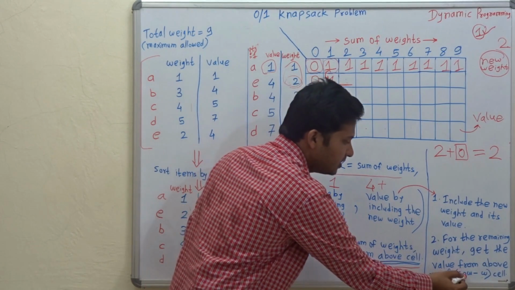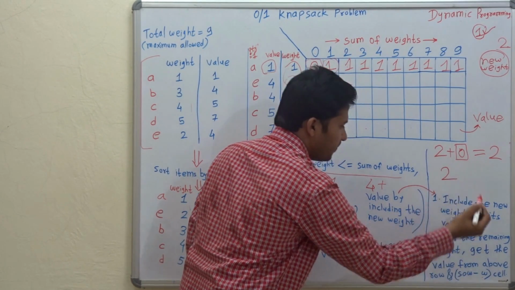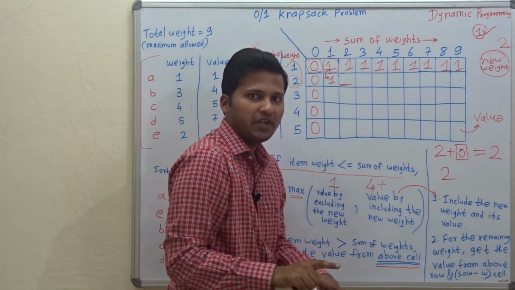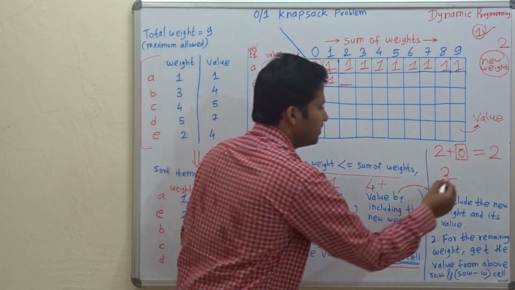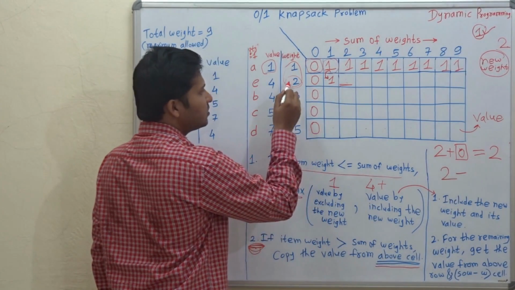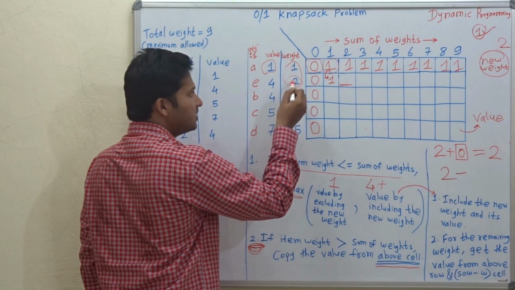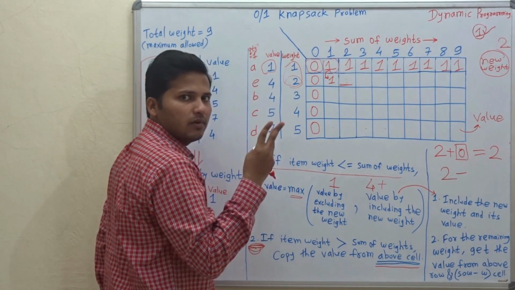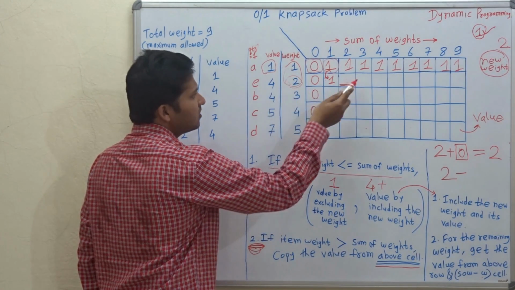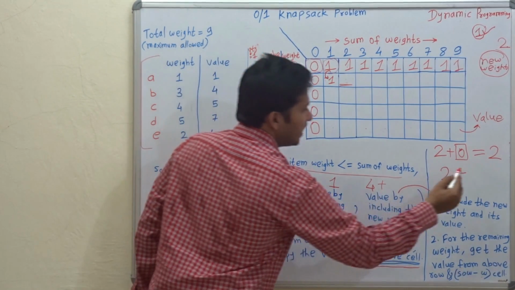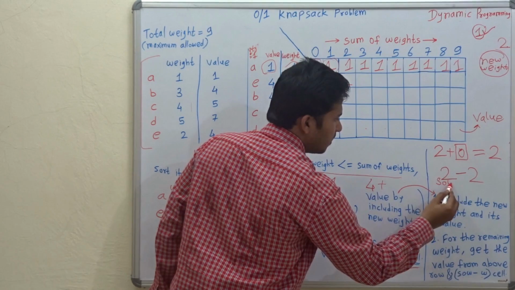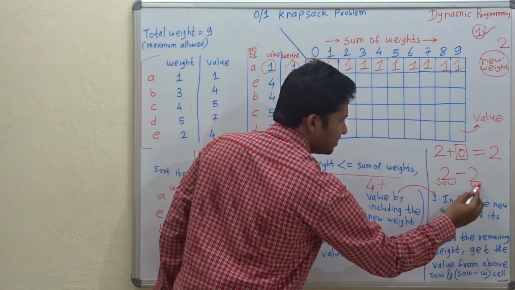So SOW is sum of weight, so that is 2, and minus W means minus weight, that current weight, that new weight. So what is the current weight? It is 2, that new weight is 2, that row weight is 2. You can say it by 3 terminologies like current weight or new weight or that row weight. So SOW is 2 and the current weight is 2.